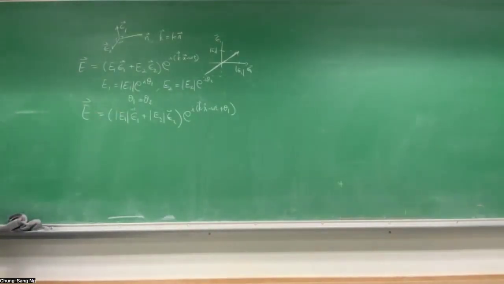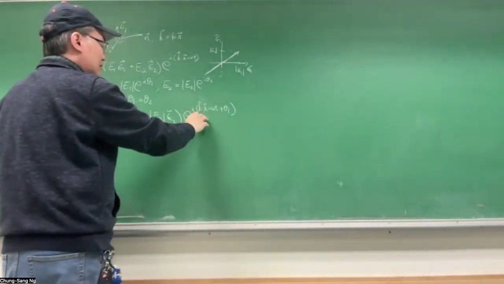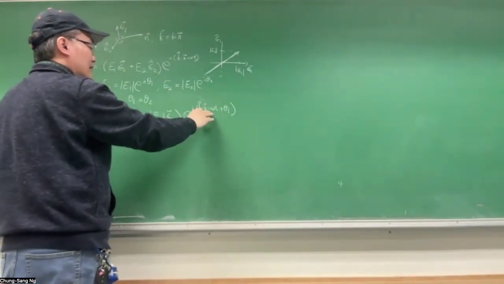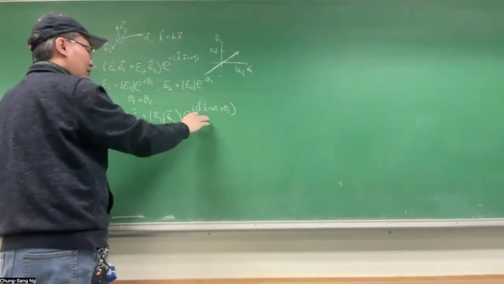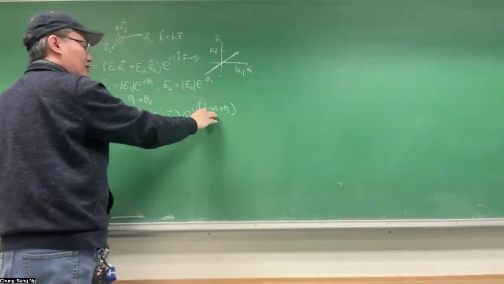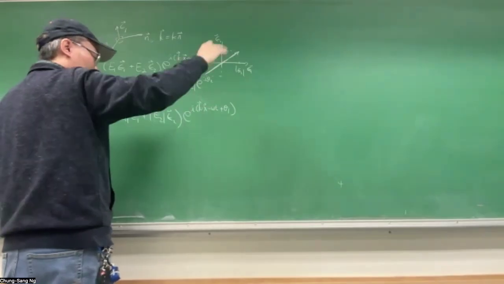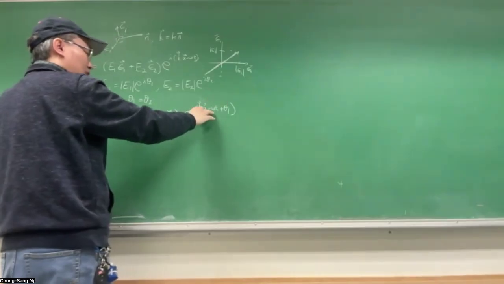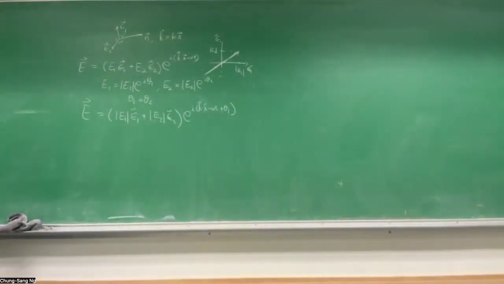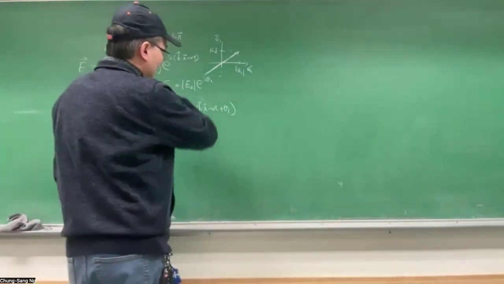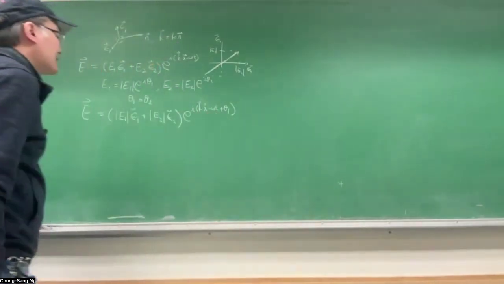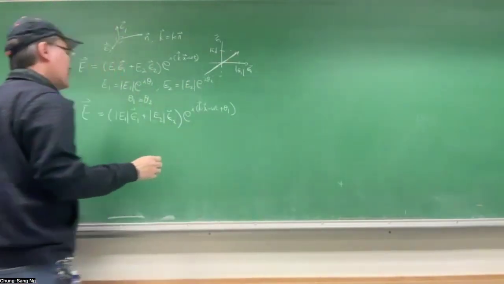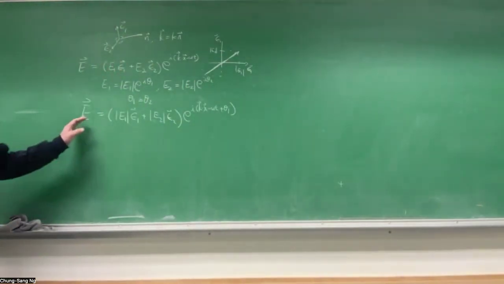What I mean is that you keep x fixed, and then the real part would be just the cosine of this phase factor as a function of t only. So it's oscillating, and the frequency of the oscillation is this omega, the circular frequency. So that's the easiest case of linear polarization.